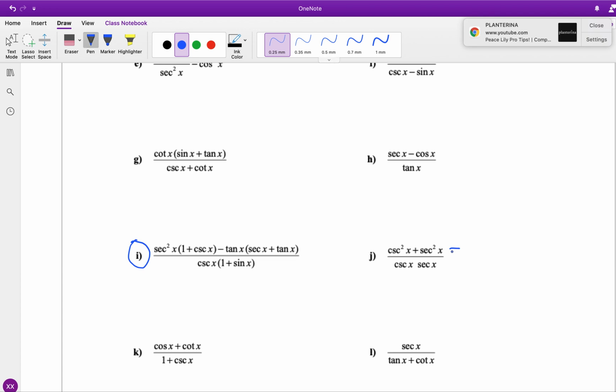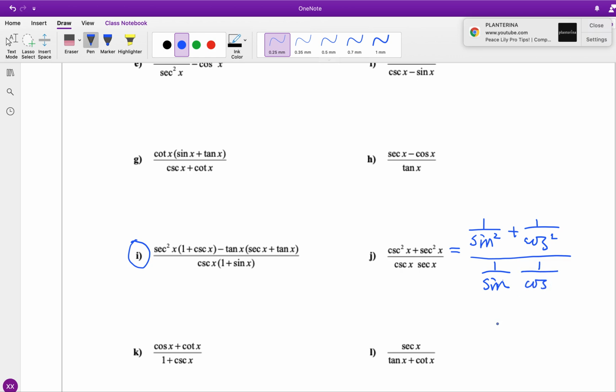It says that we want to change all these secant and cosecant, I cannot pronounce this thing anymore, all to sine and cosine. Sure, why not? So this is 1 over sine squared. This is 1 over cosine squared. Over, and this is 1 over sine. This is 1 over cosine.